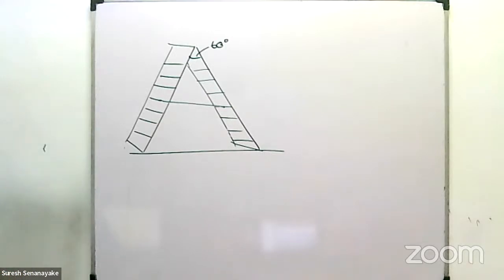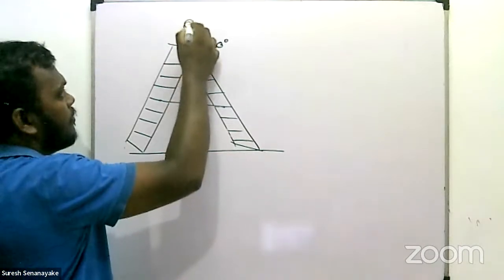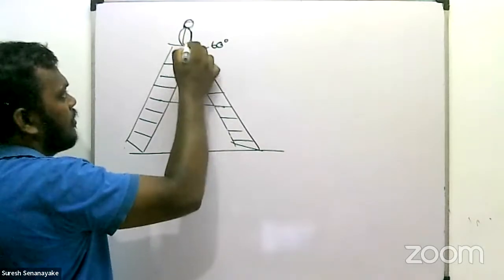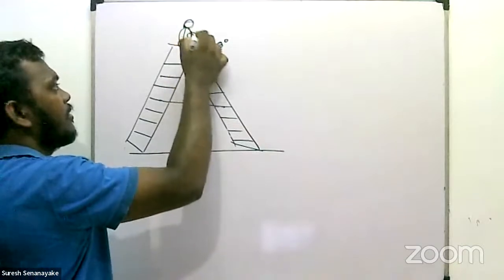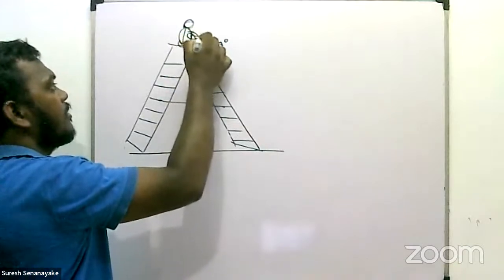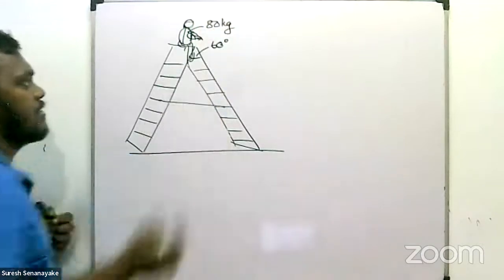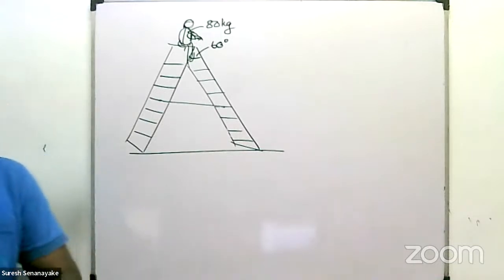A fat person of mass 80 kilograms is sitting on the ladder.